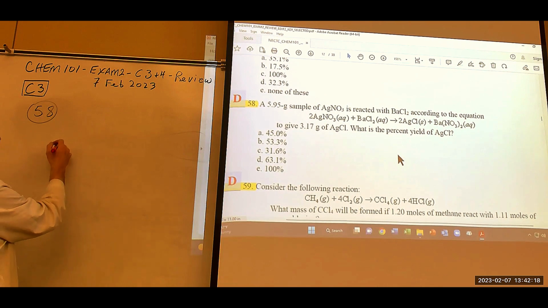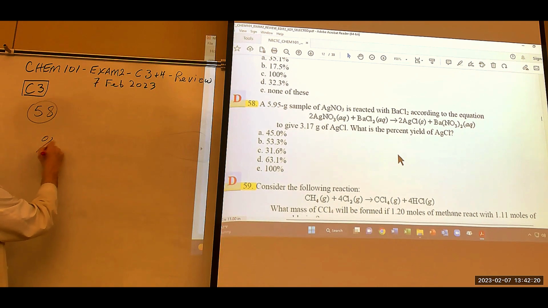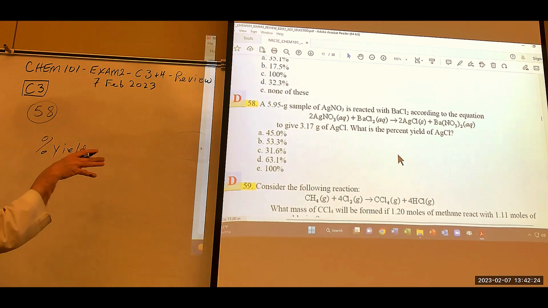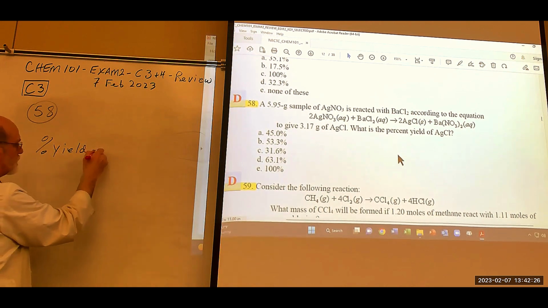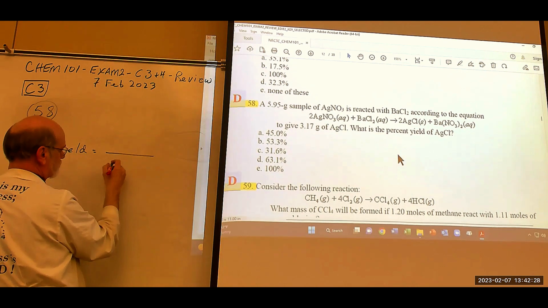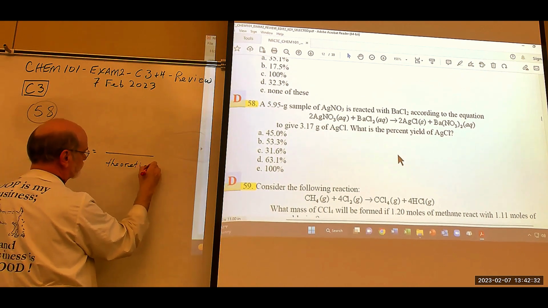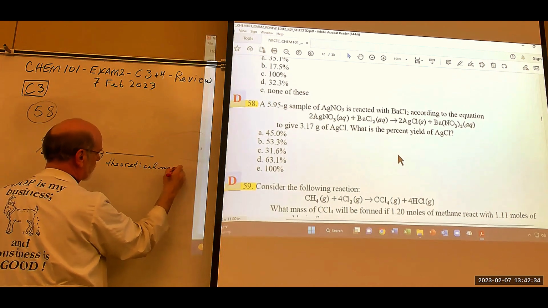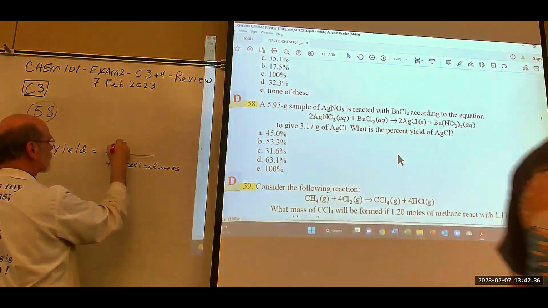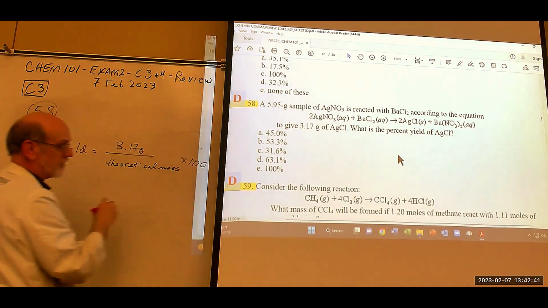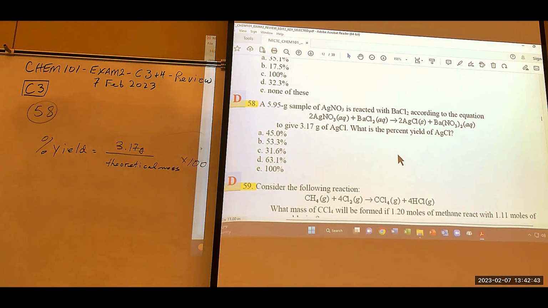So what you want is to get percent yield. You want to work that equation stoichiometrically to find out the theoretical mass. And then you're given the actual mass. Then you can calculate the percent yield.